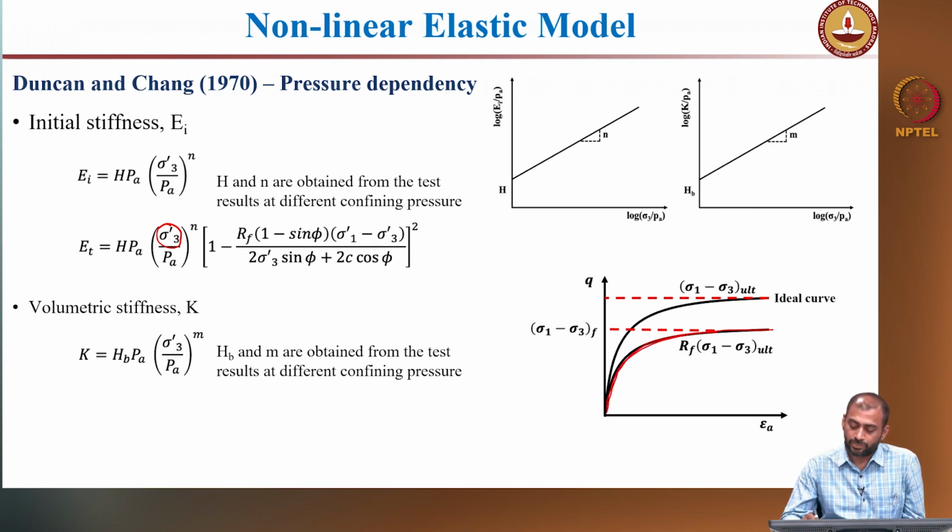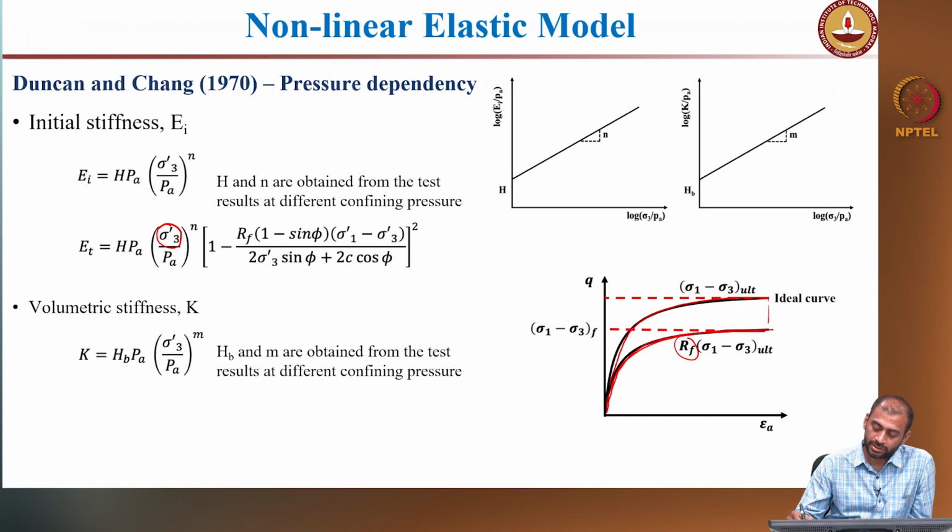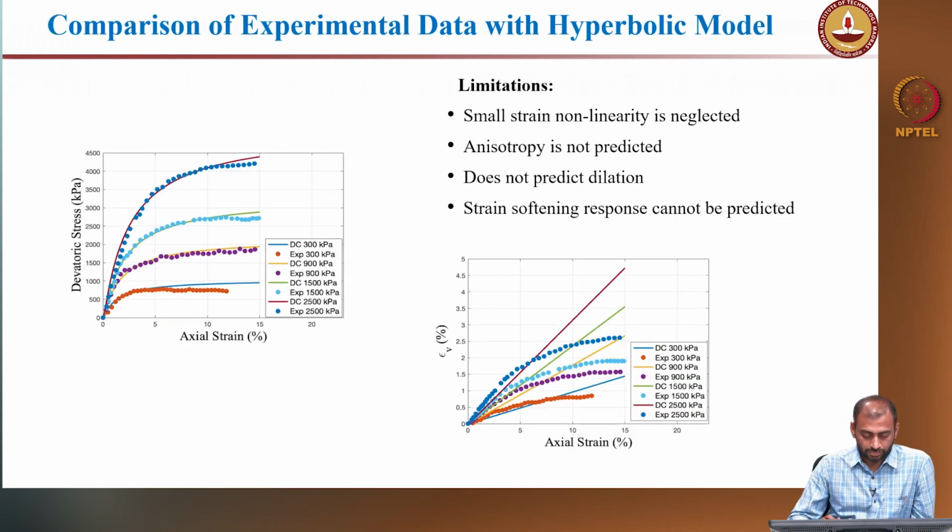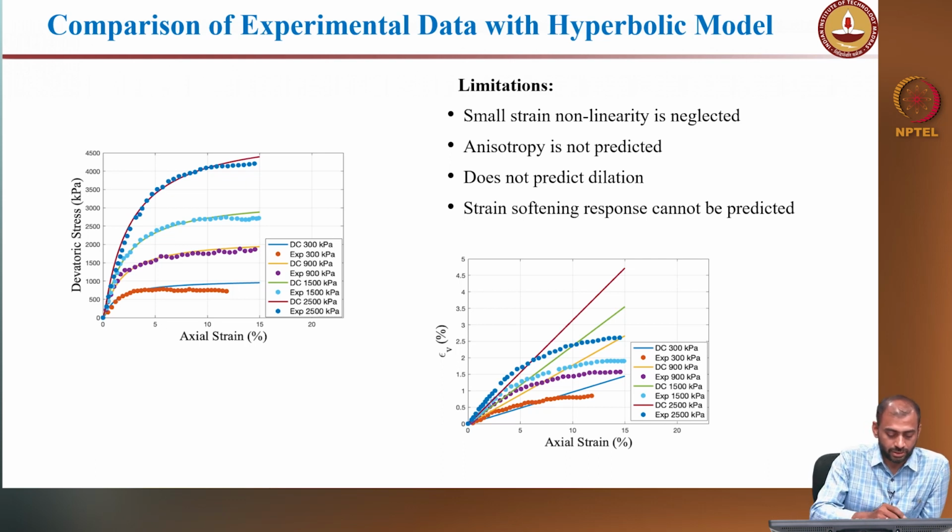This R_f is again a stress ratio, and the R_f value can be tuned such that the hyperbola, the ideal curve, is brought down to the actual material response. Similarly, you can do it for the volume change response also. This figure shows experimental results compared with some of the nonlinear models. As you can see, the material shows a hardening response.